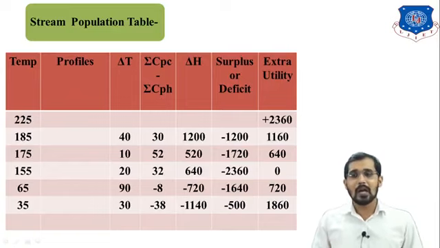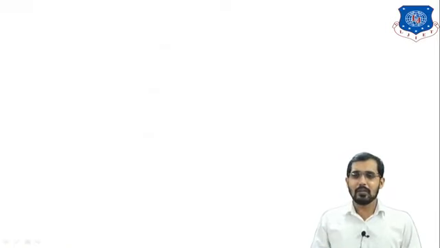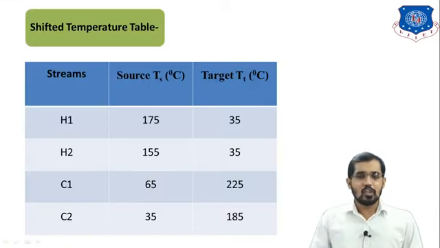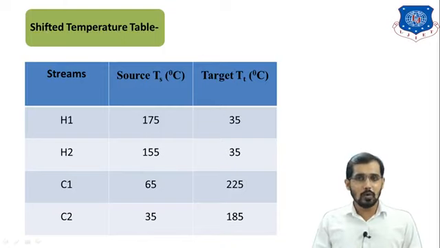After that, how to draw this profile: the H1 stream is flowing from source temperature 175 to target temperature 35, from the higher temperature to the lower temperature, because it is always flowing from higher to lower temperature.